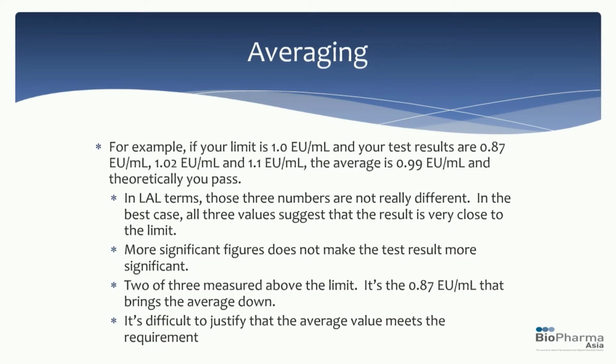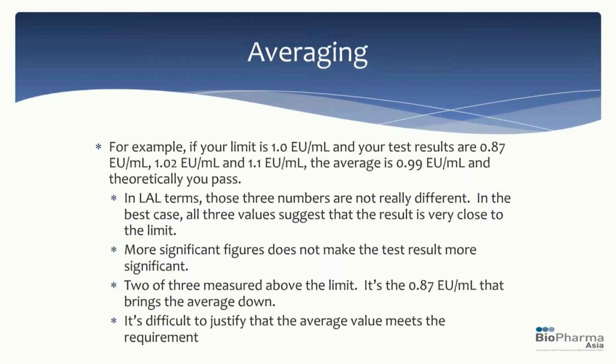So in the best case, all of those 3 values suggest that the result is very, very close to the limit. And we need to understand that more significant figures in the data reported do not make the test result more significant. So significant figures really becomes important, but in this case, the more significant figures doesn't increase the accuracy or the precision of the test.